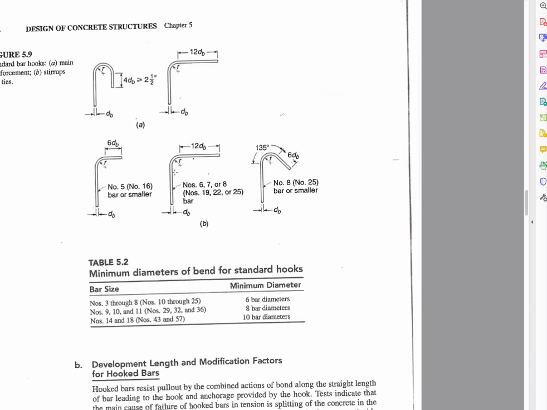Next up, I have some hooks shown. And what we're going to find is that bars are going to be inside the concrete. And the bar may be responsible for holding a certain amount of tension or compression for that matter. And in order to develop that, in order to mobilize that force inside the bar, it actually needs to have interaction with the concrete.